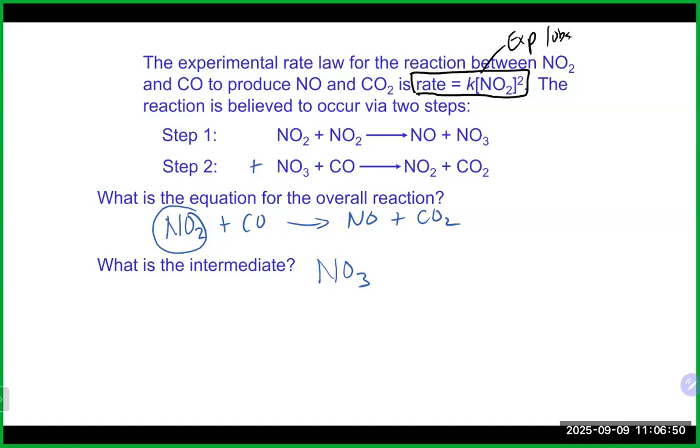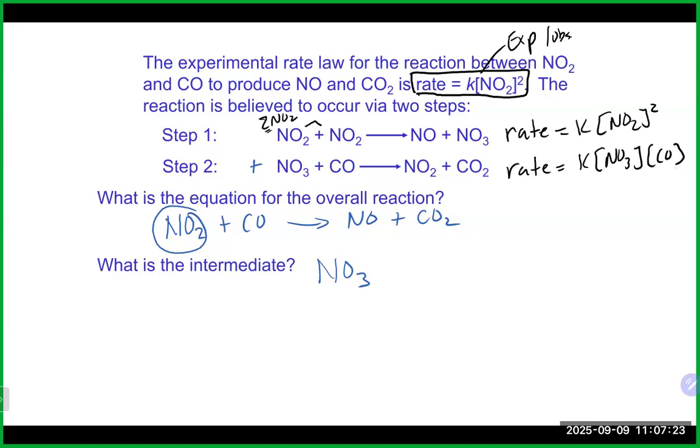Now, because these are elementary steps, as we talked about, we can actually write a rate law for each of these individual steps. If we did it for our first step, the rate would equal k times [NO2], and it would be squared because this is essentially 2NO2, and that is where the 2 comes from. We could write a rate law for the second step, which is the rate equals k times [NO3][CO].